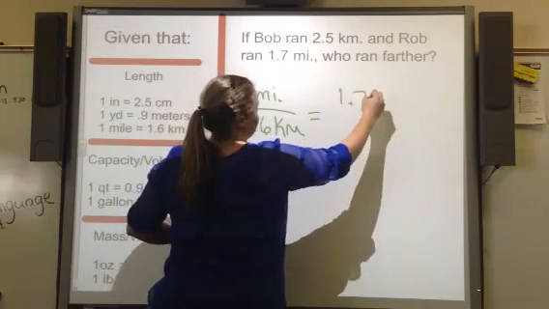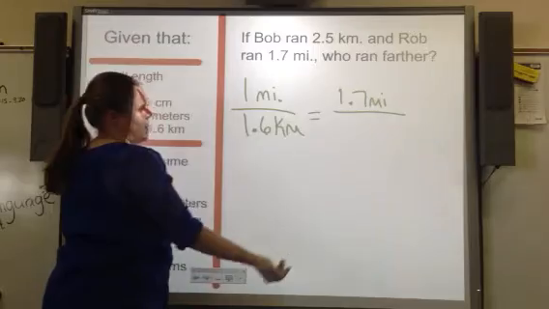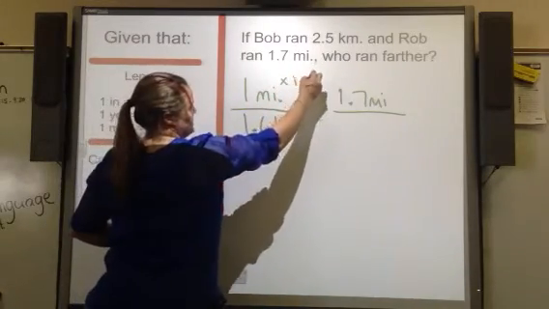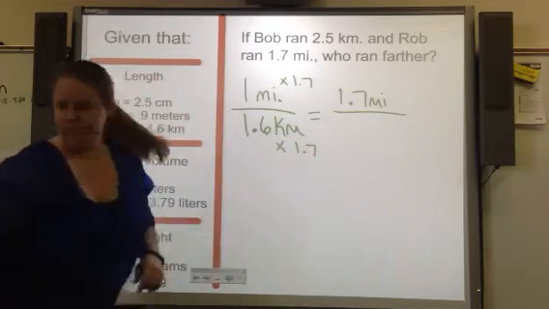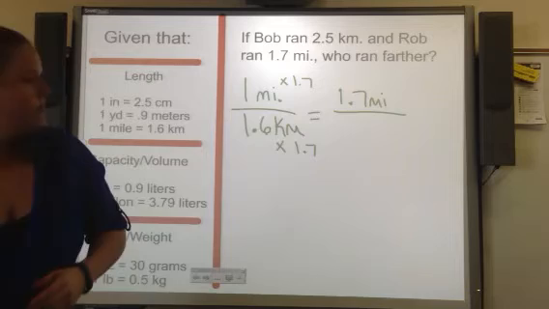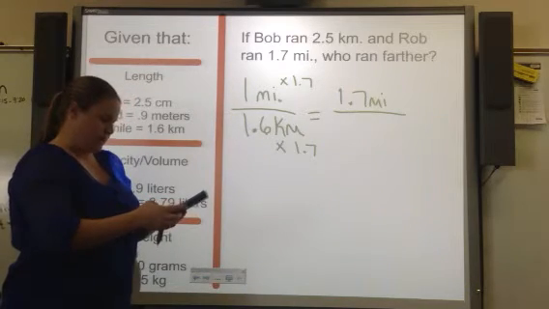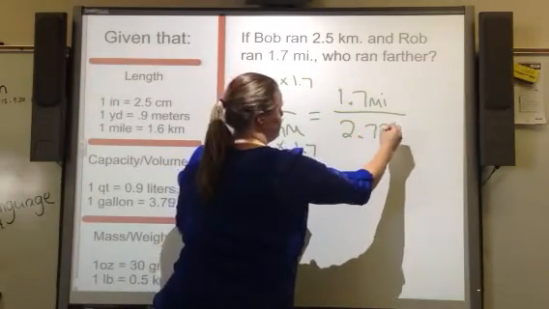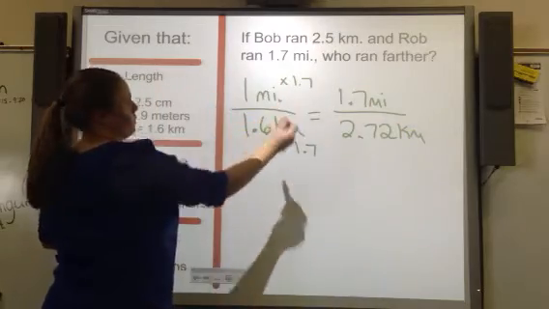So 1.7 miles is equal to some number of kilometers. To get there, I'd multiply by 1.7. Do the same thing to the bottom, 1.7. With my calculator, 1.6 times 1.7 equals 2.72 kilometers. And this is for Rob.